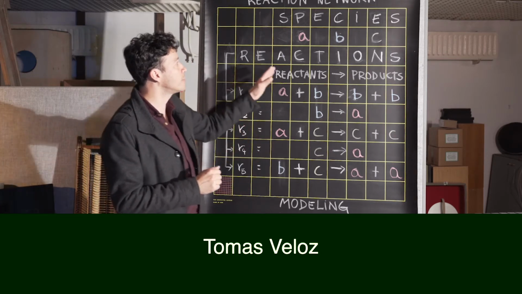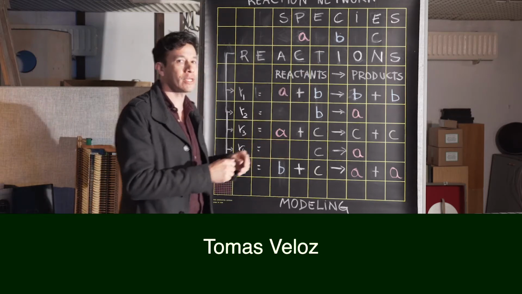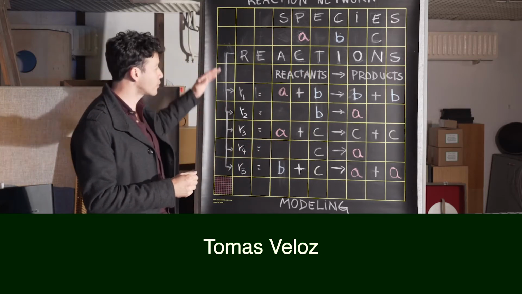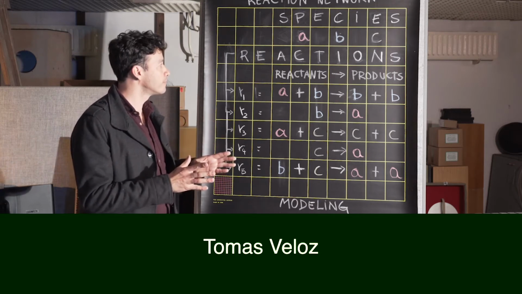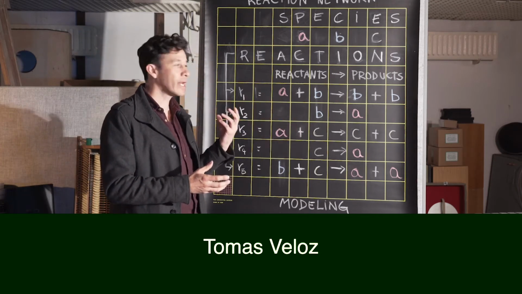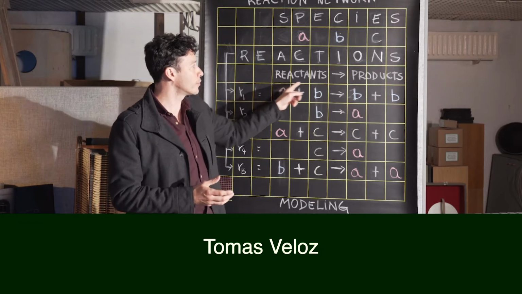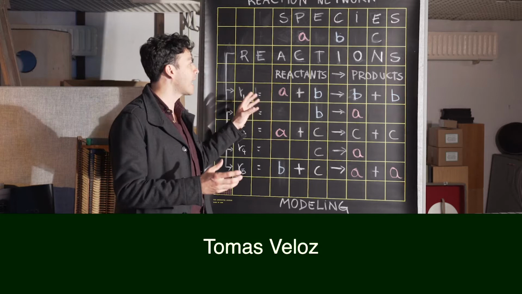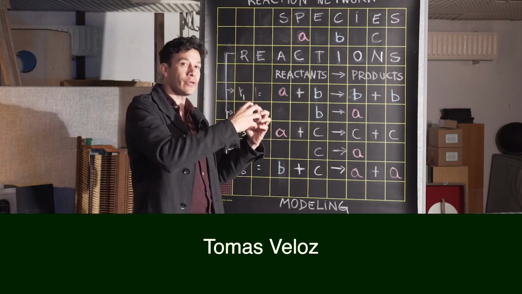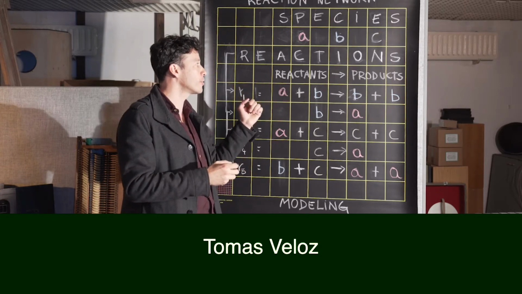So we have species A, B, C for illustrating our network, and the reactions, which are 5 in our case, have the following structure. We have the left-hand side, which is called reactants. The species play the role of reactants, and it means that they will come together to react. That's why they are called reactants.